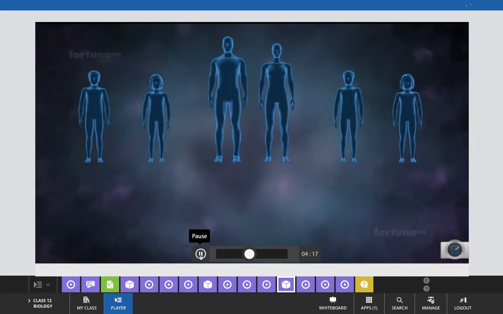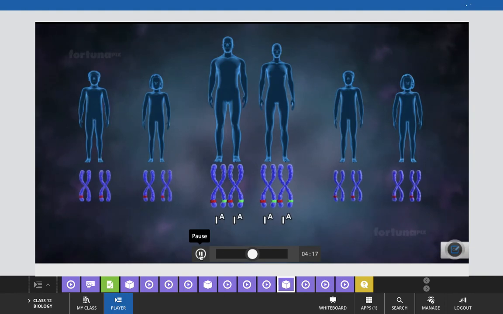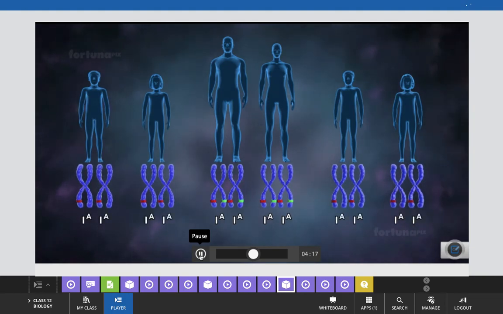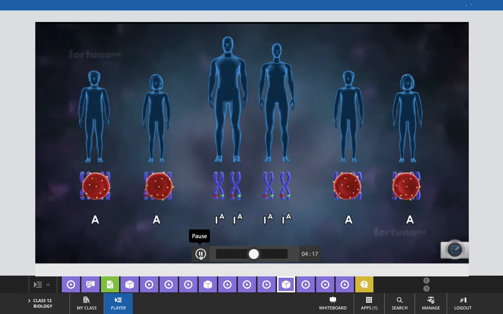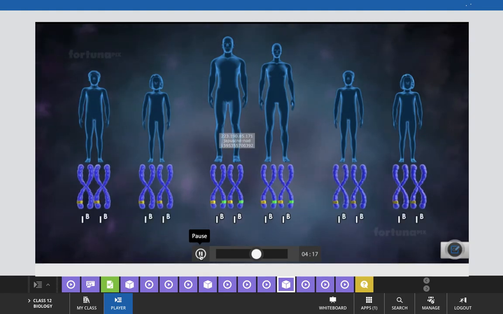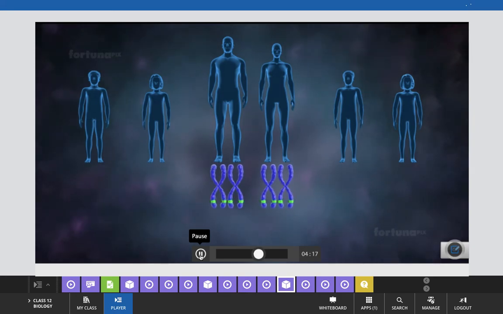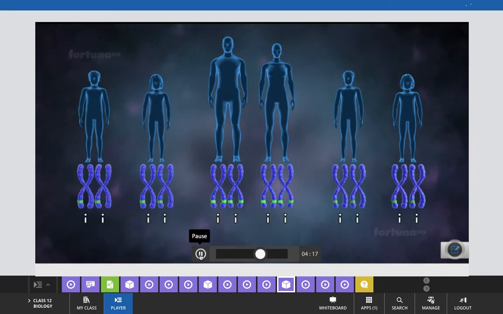Let's look at the inheritance of blood groups from different sets of parents. If the gametes from both parents have dominant IA alleles, all the children will inherit an IA allele, meaning each child will have blood group A. If the gametes from both parents have dominant IB alleles, all the children will inherit an IB allele, meaning each child will have blood group B. If both parents have recessive alleles i, all children will inherit the recessive non-antigen producing alleles.